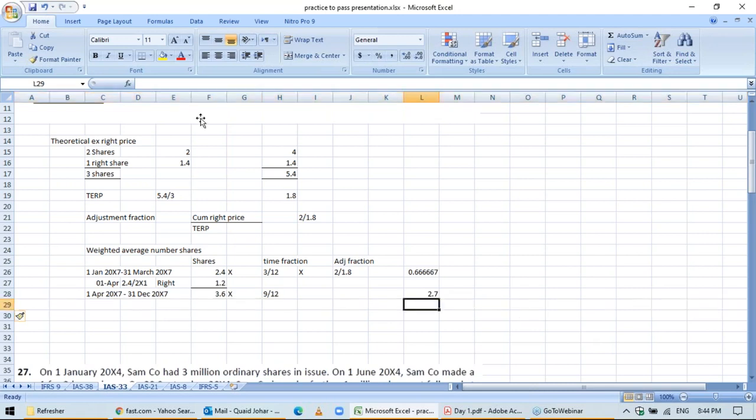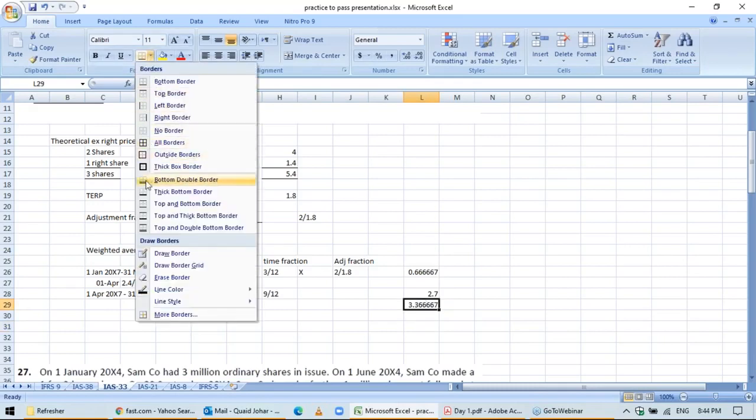So the total of the weighted average number of shares is 3.3667 million. This is your weighted average number of shares.